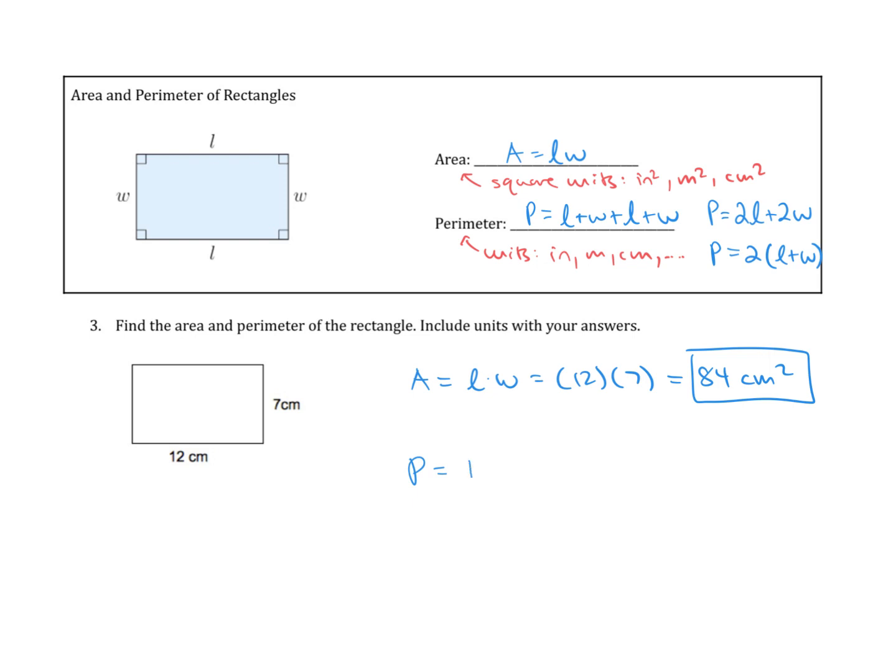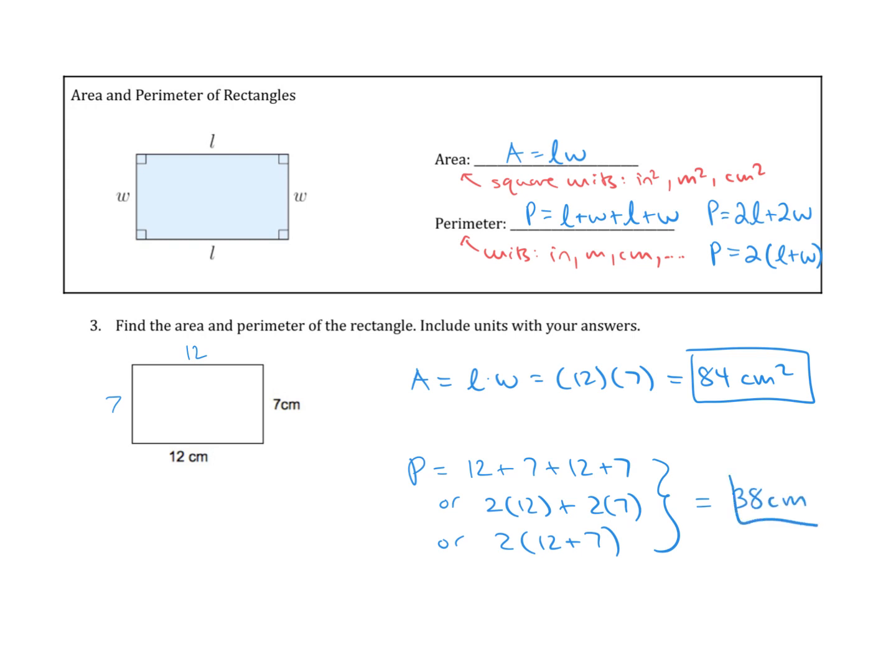The opposite sides are the same, so 12 plus 7 plus 12 plus 7, or I could do 2 times 12 plus 2 times 7, or 2 times the sum of 12 and 7. Any of those will give me 38, and I just use regular centimeters for perimeter.